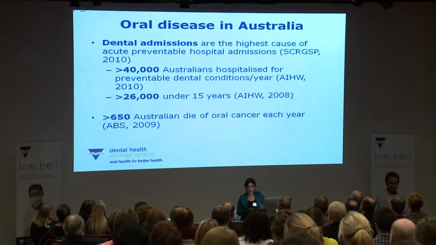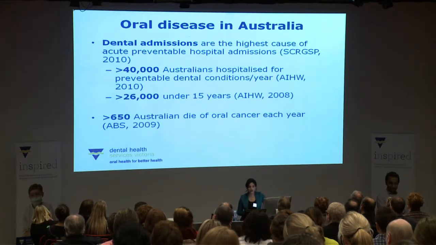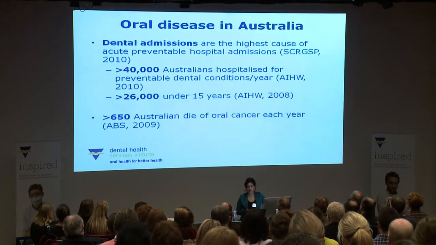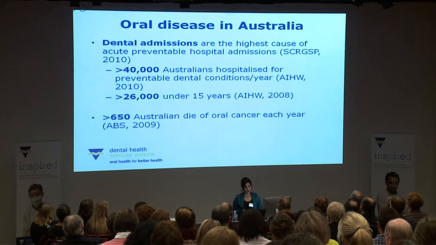More than 26,000, a very significant proportion of children under 15 years, are admitted for preventable dental conditions. And also, a significant number of Australians die as a result of oral cancer. More than 650 people die as a result of oral cancer, which is very significant.